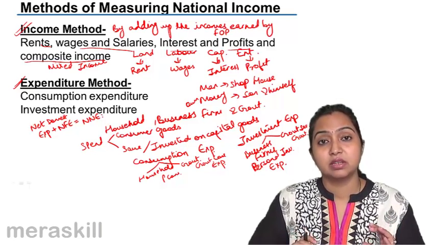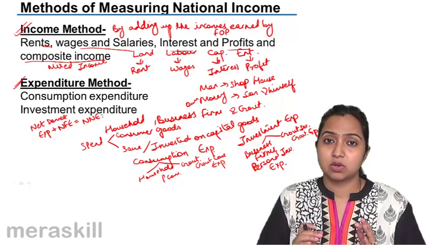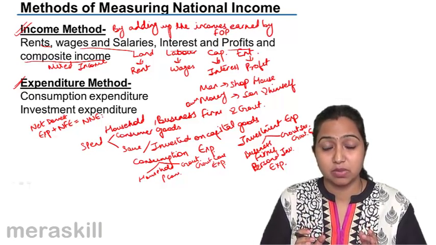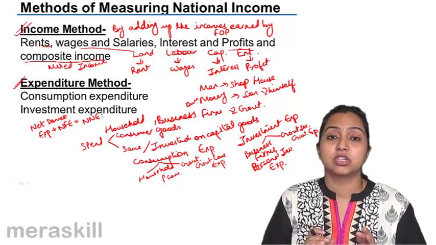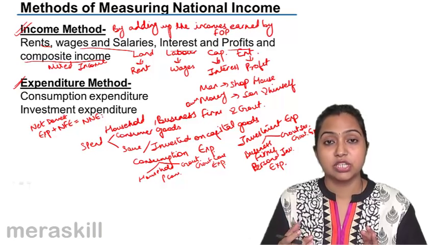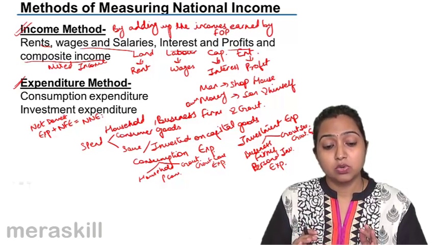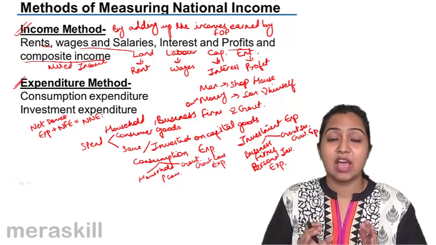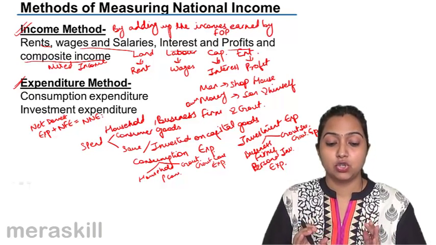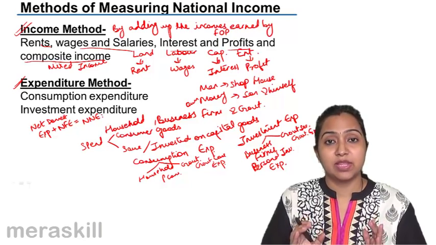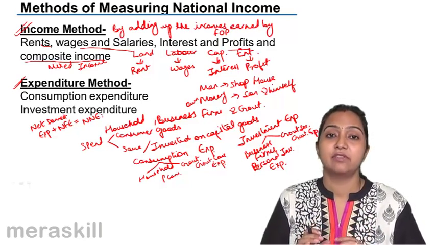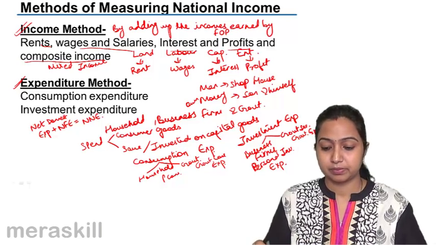When we use income method, there are many people who do not disclose their true income, so we cannot have the actual income estimate. Similarly, in production, there is a problem of value addition and double counting. So in order to avoid these things, we should have a proper calculation so that we get to know where the government needs to stress on economic stability and economic growth.